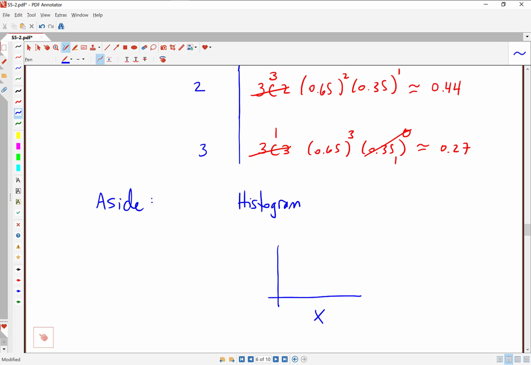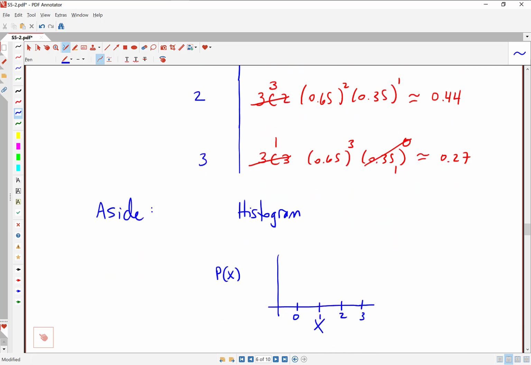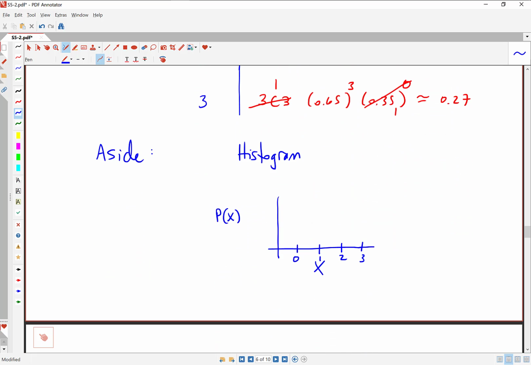Along the horizontal axis, we list our different x values from the problem: 0, 1, 2, 3. On the vertical axis, we graph our probabilities. If we look back at our probabilities, they went up to about 44%, so if we go up in increments of 0.1, that should be enough to fit everything on here.